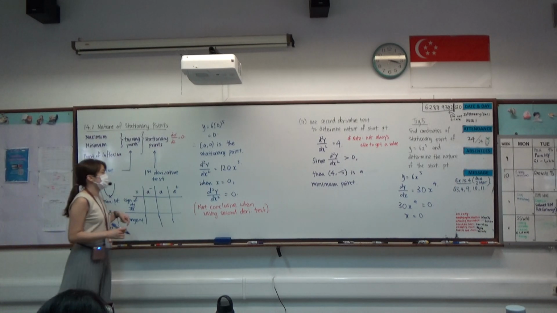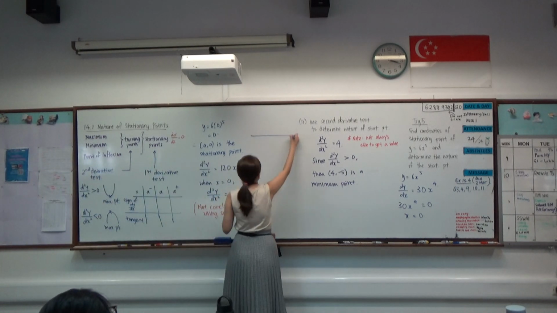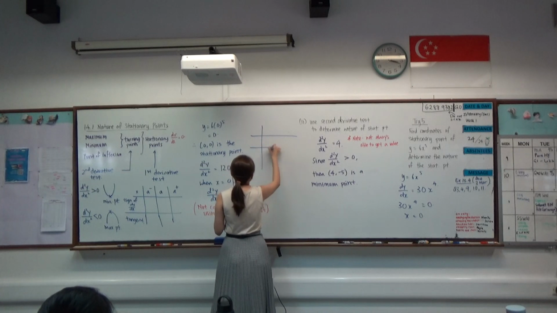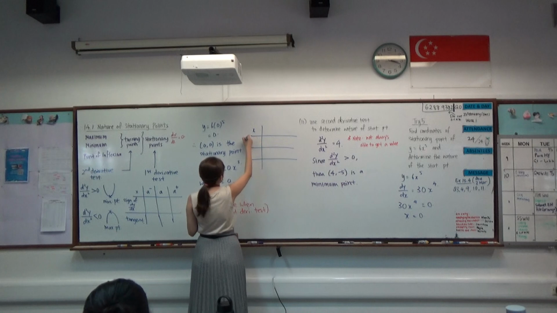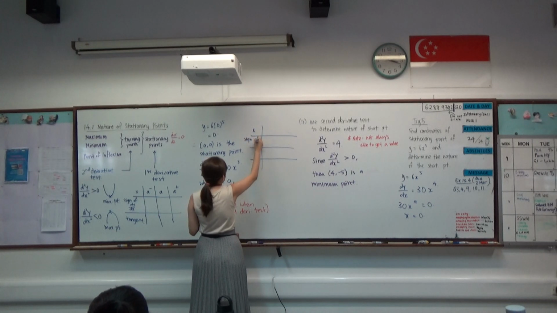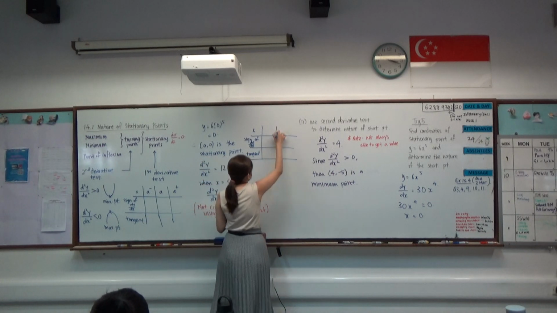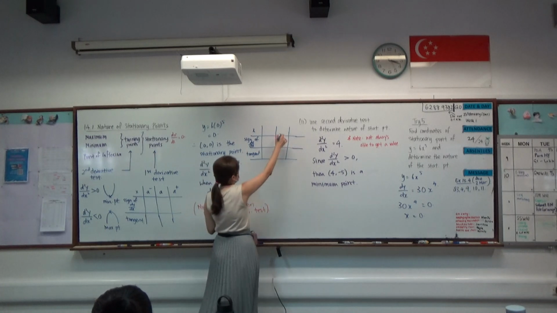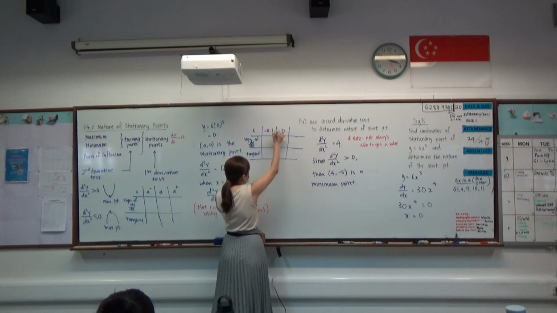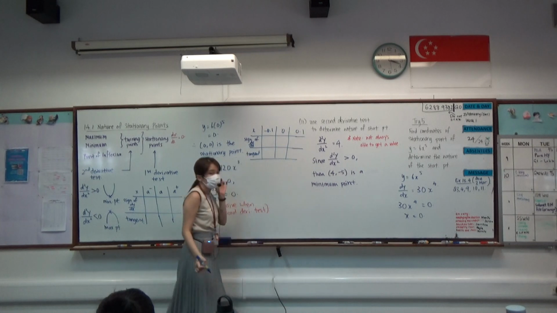Okay? So then we have to go into drawing the table. So x, sign of dy over dx, tangent. So we're looking at 0, negative 0.1, and 0.1.